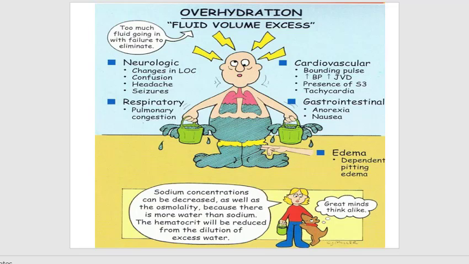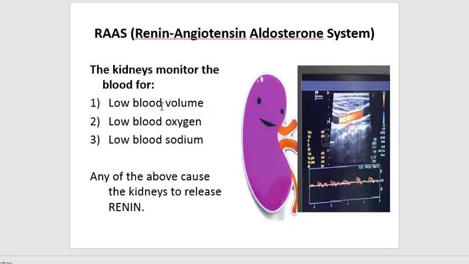And if we remember back to our little kidney guy here, he's monitoring for low blood volume, right? And if the blood coming out of the left side of the heart is at a low volume because the heart's not pumping it out as efficiently as it should, well, then the kidneys say, I've got a low blood volume. I need to hold on to fluid, okay?